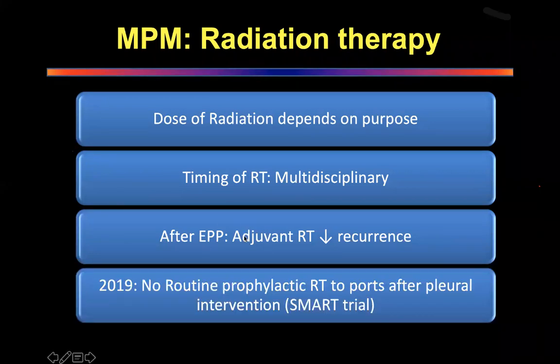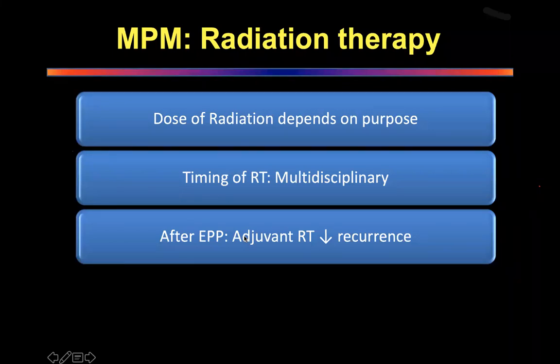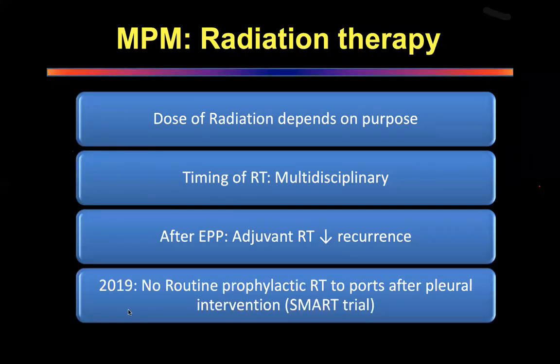But the important thing, previously we were taught, and we used to do it as well, that when we have done a VATS biopsy or things like that, we used to give radiotherapy to the surgical ports to prevent the tumor growing through the surgical port and causing subcutaneous nodules. But the 2000 guidelines have looked at all the literature. Particularly, there was a trial called the SMART trial, and they said that there is no routine prophylactic radiotherapy to the ports after pleural intervention.